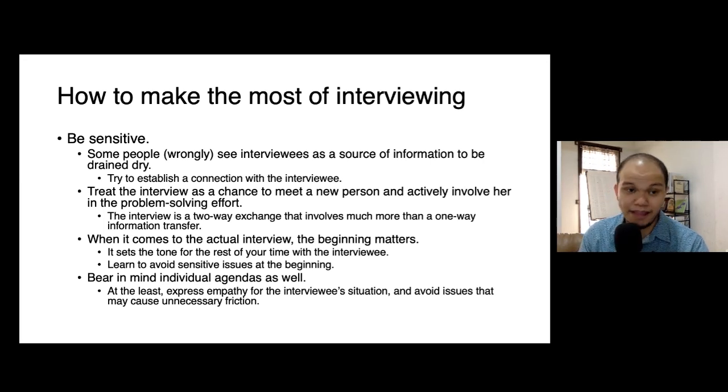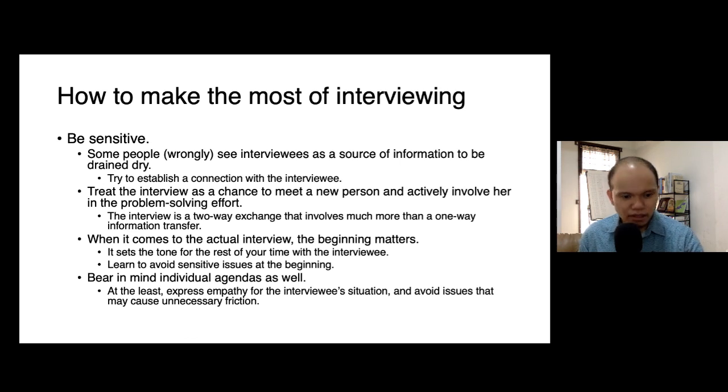They spent their time with you. They could have done something else during that time, but they chose to be with you, even if it's their boss who scheduled that interview with you. Out of respect, treat the interview as a chance to meet a new person and actively involve him or her in the problem-solving effort. Again, that's the relationship-building component of the interview. It's not just to extract information.